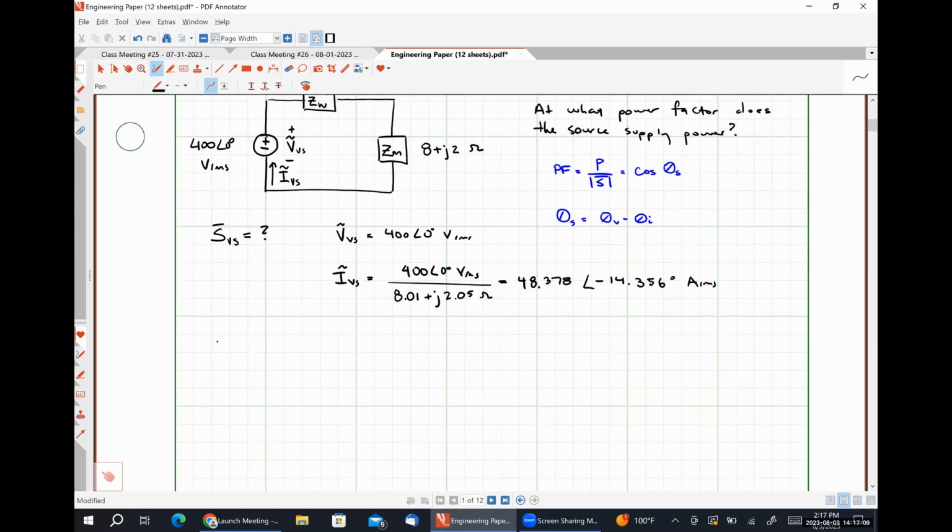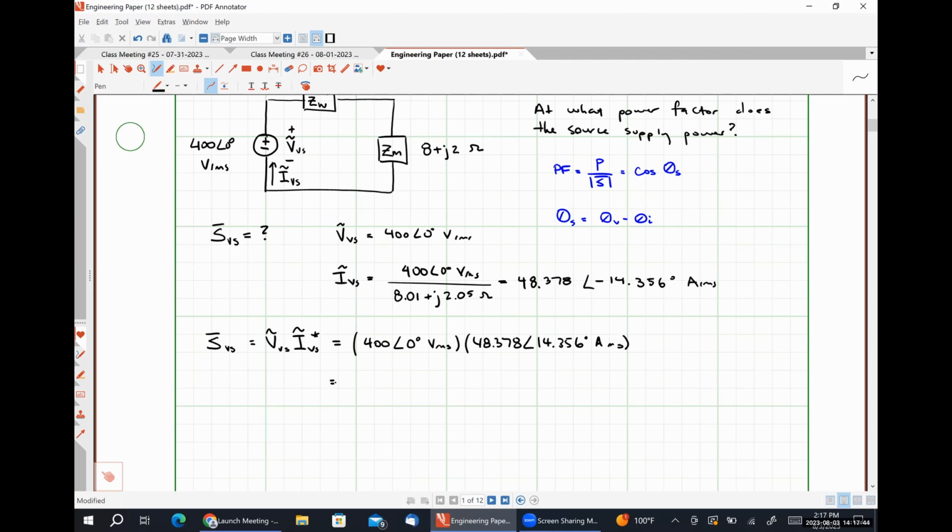Our complex power then is the voltage times the conjugate of the current. So that's going to look like 400 angle 0 degrees volts RMS times 48.378 angle positive 14.356 degrees amps RMS.